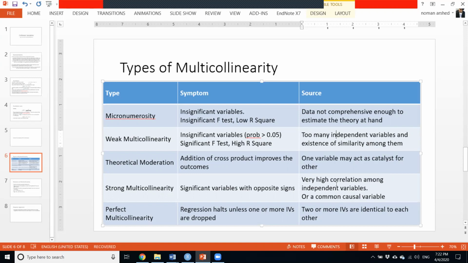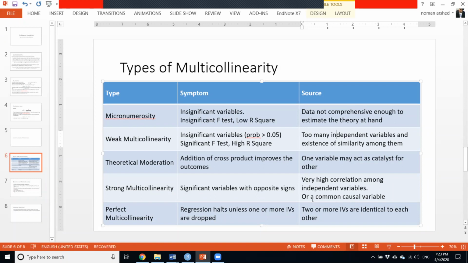It happens when there is very high correlation among the independent variables, and or there is a common causal variable. The common causal variable comes under time series econometrics, so we will cover it later when we focus on time series. In the cross section econometrics that we are studying right now, it will be because the independent variables are very similar to each other.